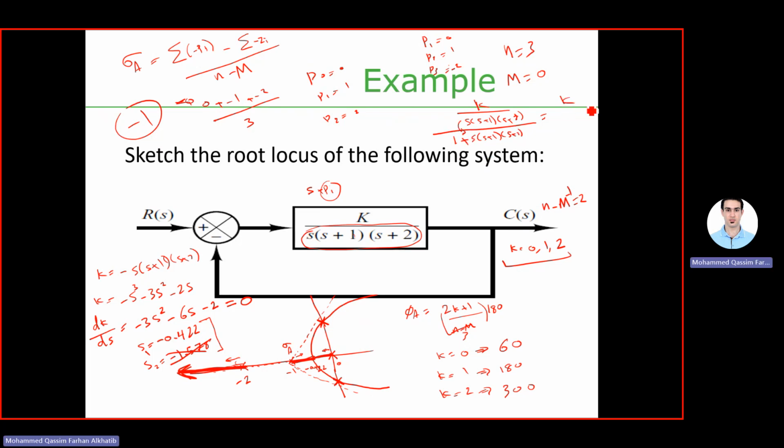You will get K over (s+1)(s+2) plus K. So this one will be s cubed, sorry, s squared plus 3s squared plus 2s plus K.